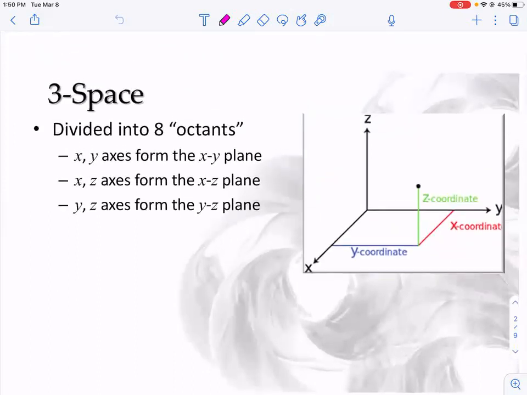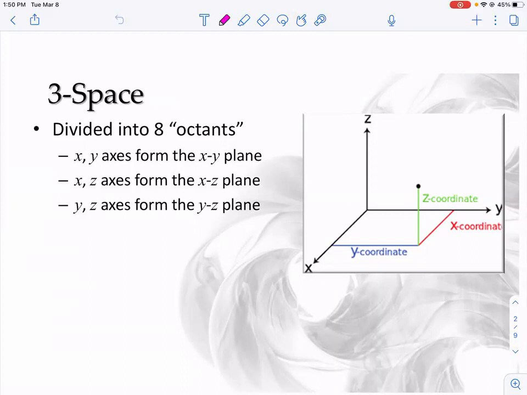All right, so 3 space is divided up into 8 octants. So in 2 space, we have 4 quadrants. In 3 space, we have 8 octants. Okay, so the x-axis is coming out of the paper at you.